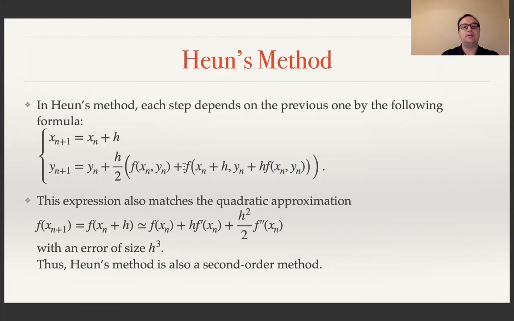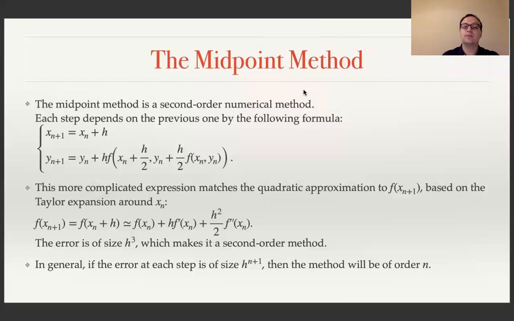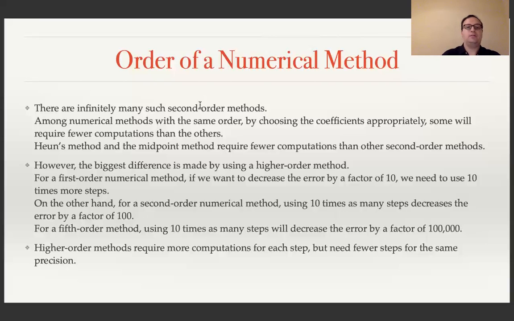And then there is this f of this more complicated expression. And same for the midpoint method, we only have to compute the value of f twice. There is f here, and there is this more complicated expression. In general, in all the other second order methods, we have to compute the value of f 3 times. So this is why Heun's method and midpoint method are better than the other second order methods.